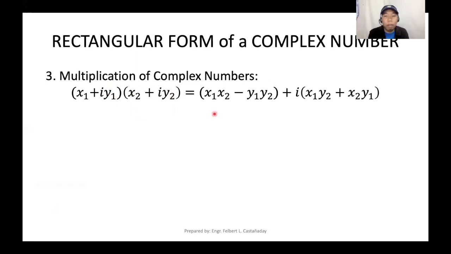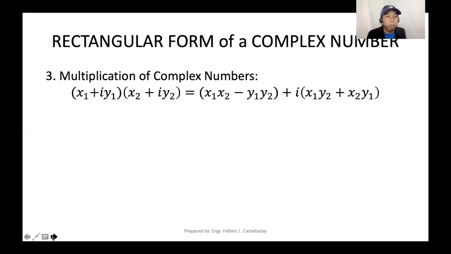This is the real part of the product of these complex numbers. For the imaginary part of the product, using the FOIL method, x sub 2 times y sub 1 plus y sub 2 times x sub 1. It's just alternate. So this is the result of multiplying two complex numbers.